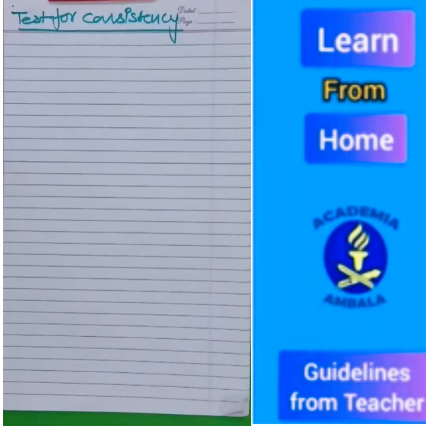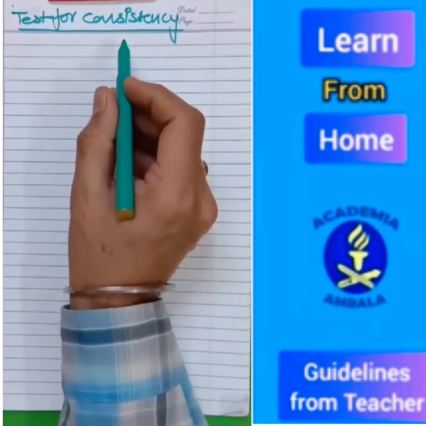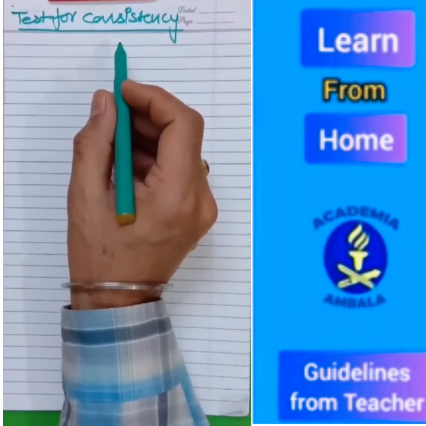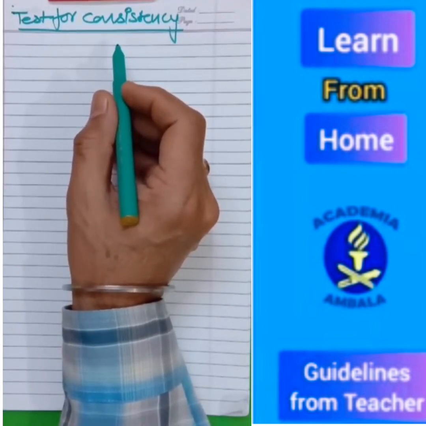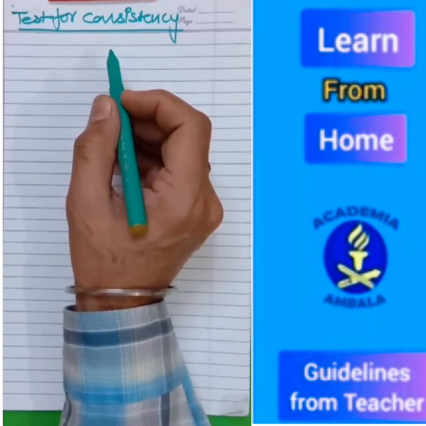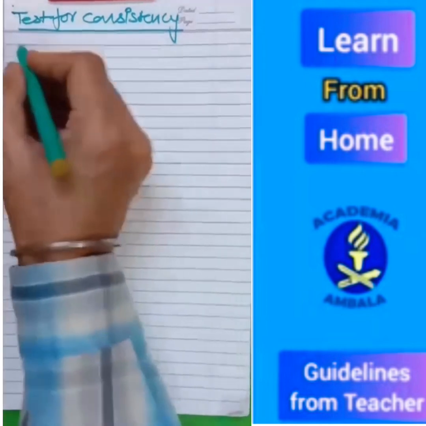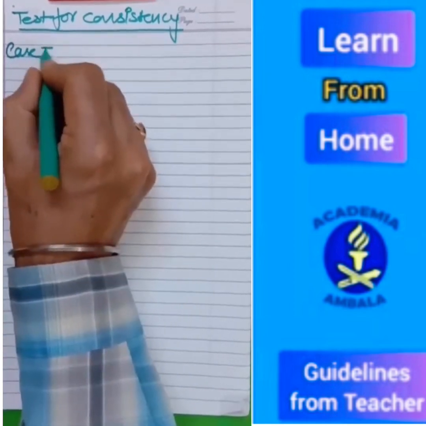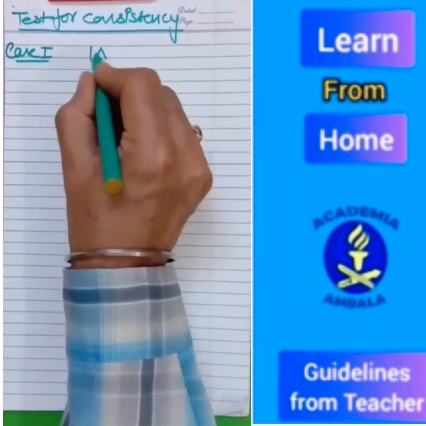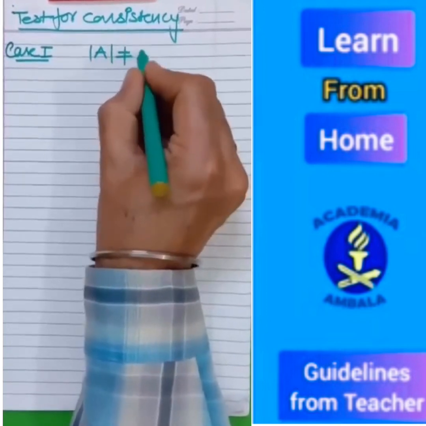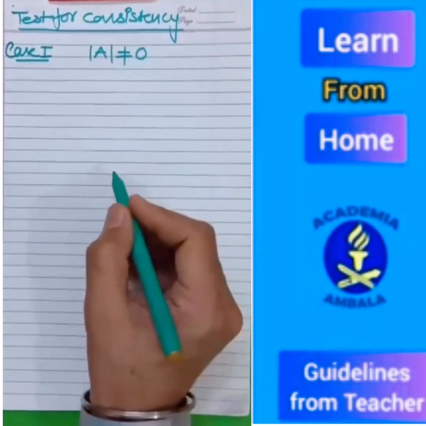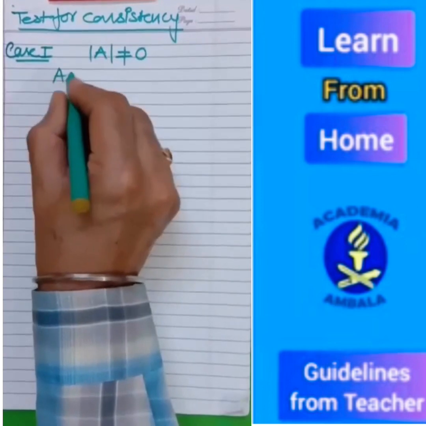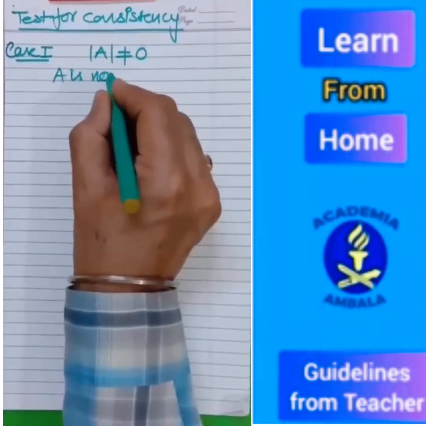Now come to the consistency of the system. What does it mean? It means we can check whether the system has a unique solution, infinitely many solutions, or no solution. What to do for this? First of all, we will find the determinant of A. If the determinant of A is non-zero, then matrix A is non-singular.